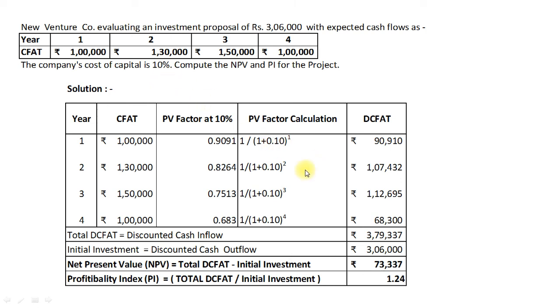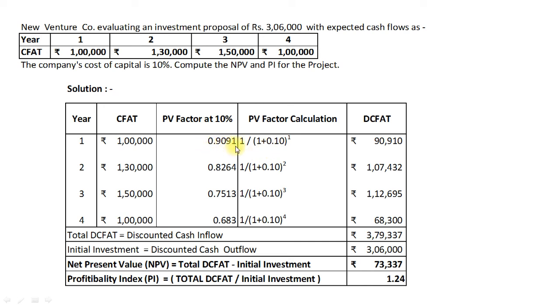So 10% will be recorded as 0.10, raised to 1. Why raised to 1? Because this is the first year. So what to do? 1 divided by 1.10. So our PV factor at 10% for first year would be 0.9091.